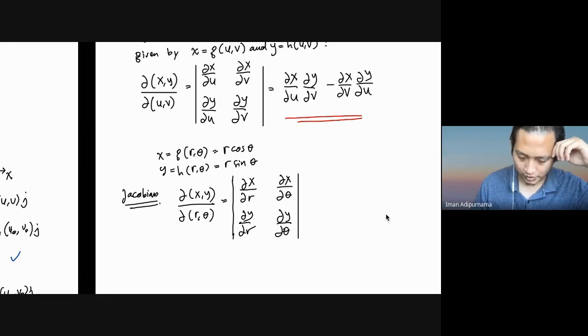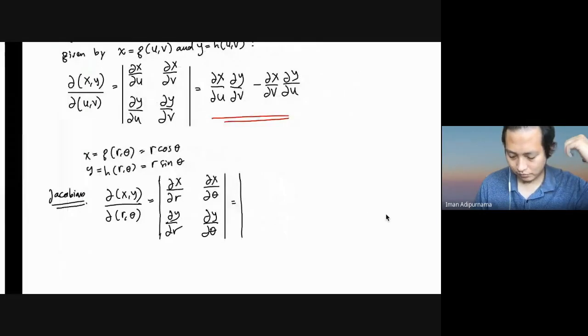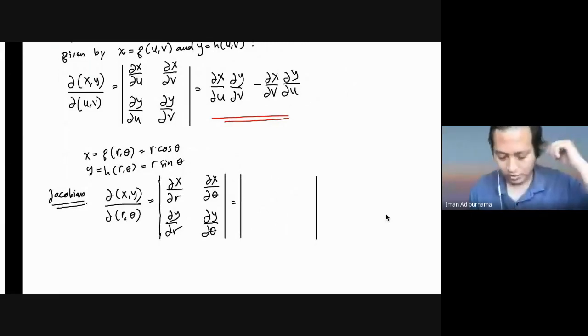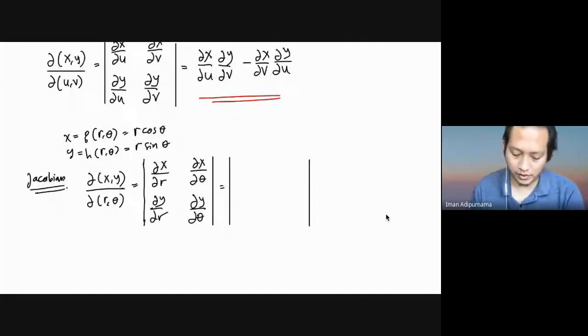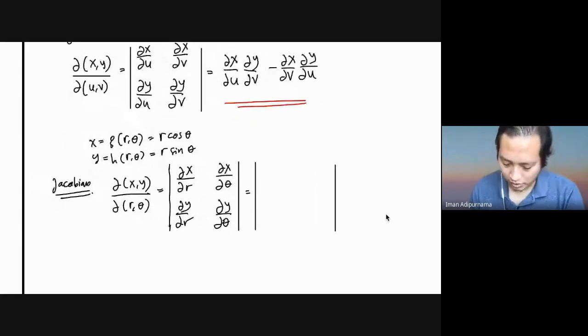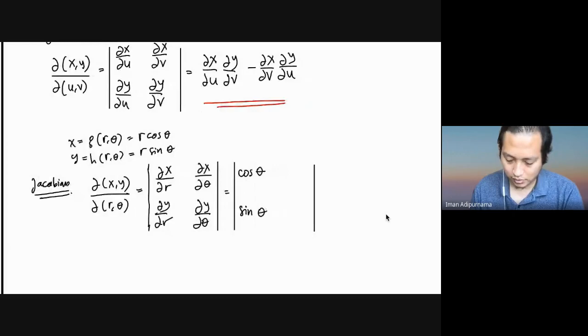Okay, let's find the determinant from here. Okay, dou x dou r, derived with respect to r, will be cos theta, and dou y dou r is just sine theta. Okay, and dou x dou theta, cos theta derived becomes negative sine, negative r sine theta, and then the r sine theta becomes r cos theta.